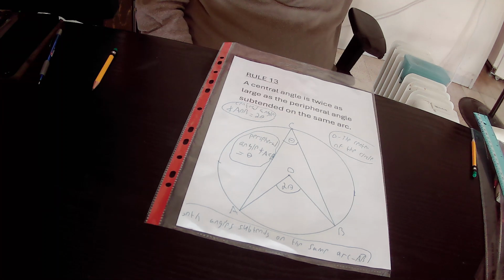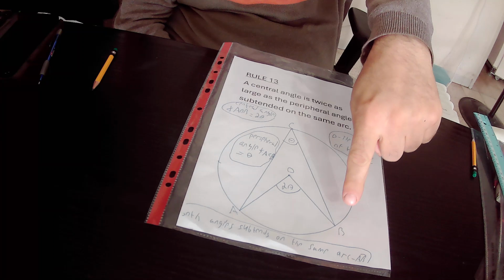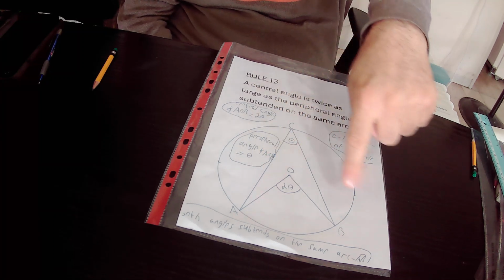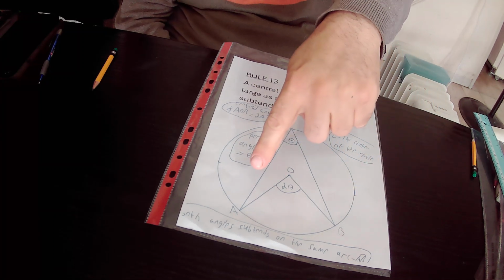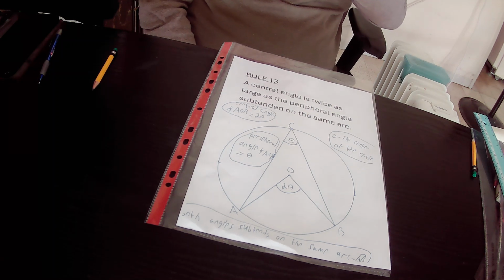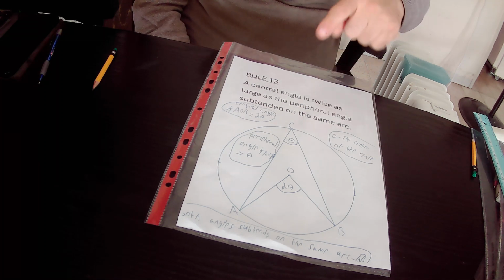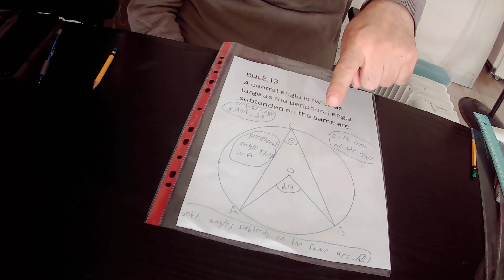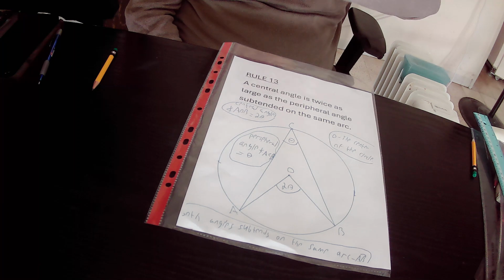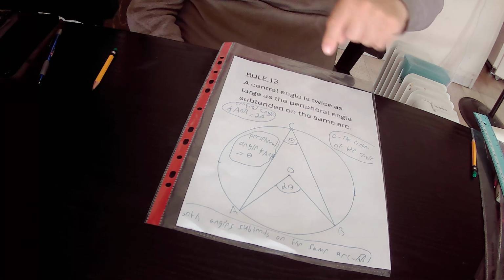And we also have the central angle AOB. This central angle AOB is subtended on the same arc AKB. So according to this rule 13, the central angle AOB will be twice as large as the peripheral angle that is subtended on the same arc AKB.